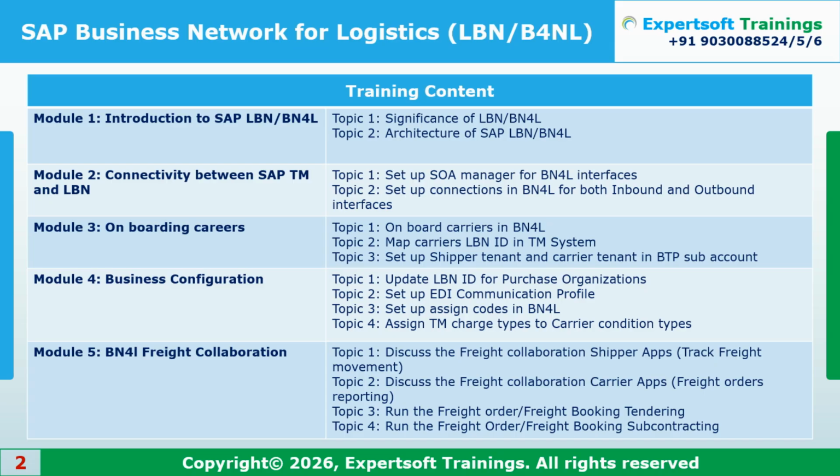We have disputes in BN4L also. If there is any mismatch, a dispute can be created directly in BN4L, and if a dispute is created in TM, it will also come to BN4L as a dispute. Either it would be BN4L to BN4L if we are working that way, or if I don't want BN4L, then it will come directly to the TM system.